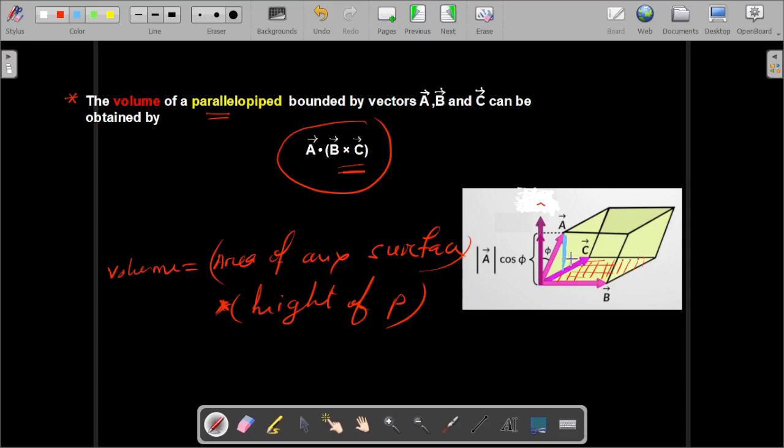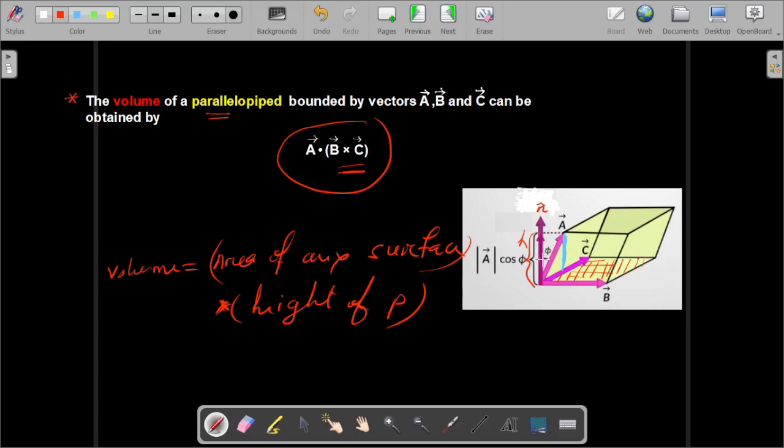How can we get that? Suppose this is our n vector of this cross product B cross C. In that direction, what is the value of this? Look, this is the height.